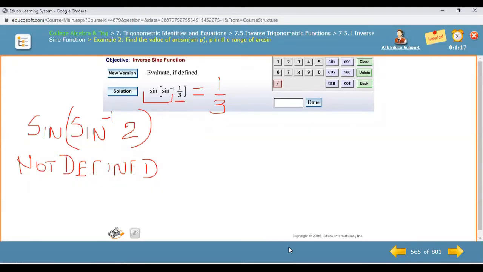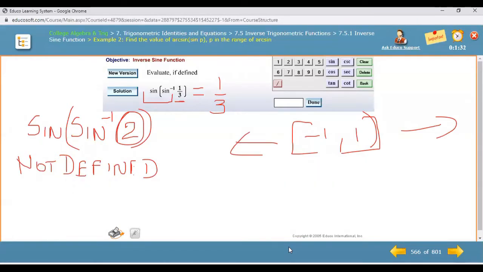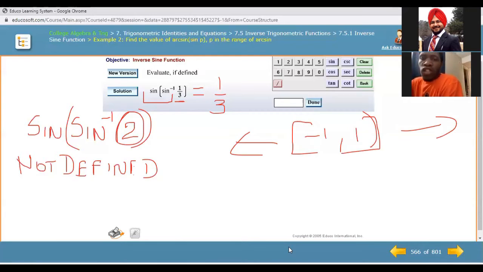Make sense? Yes, sir. This 2 is greater than 1; the number should always be between -1 and +1. If it is greater than 1 or less than -1, the function is not defined. In this case, we directly say that this is not defined.